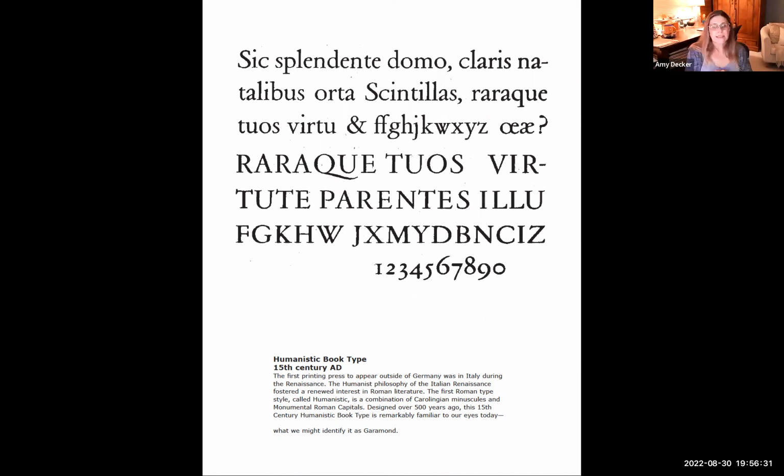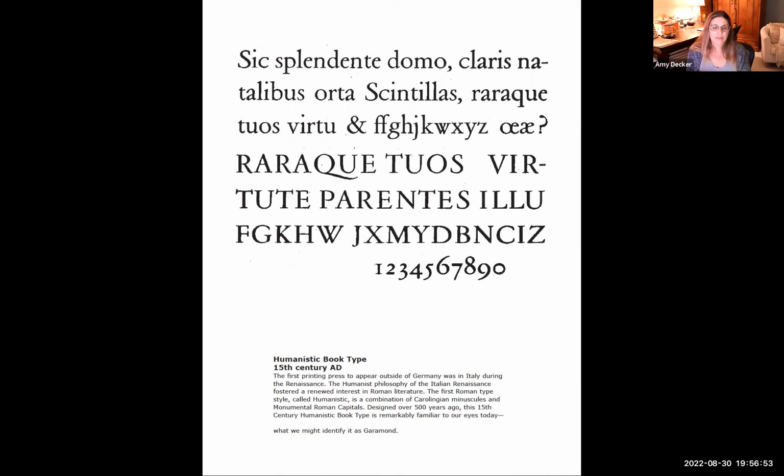So we moved out of the textura, very Gothic type that was based on what the scribes were doing, back to an alphabet like what the Romans were carving into their monuments. So we kind of got away from that calligraphic look and into something that feels much more like our alphabets today.